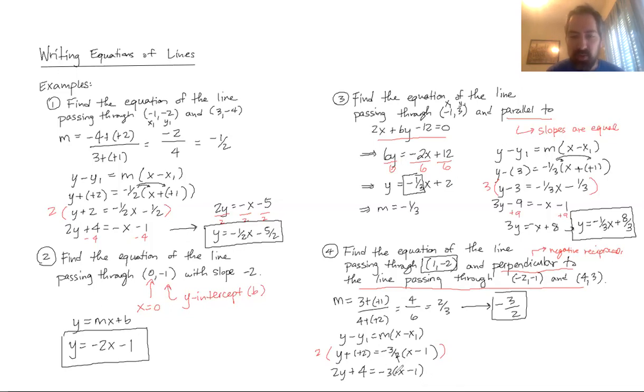All right, so now we've gotten rid of the fractions, and then we can distribute that integer, that -3, giving us 2y plus 4 equals -3 times x, -3x, and -3 times -1. It's a +3. See, isn't that much nicer without fractions? So now in slope-intercept form, subtract 4 from both sides.